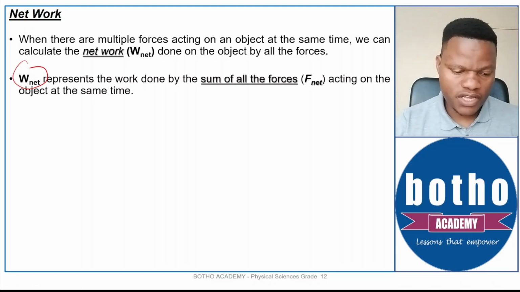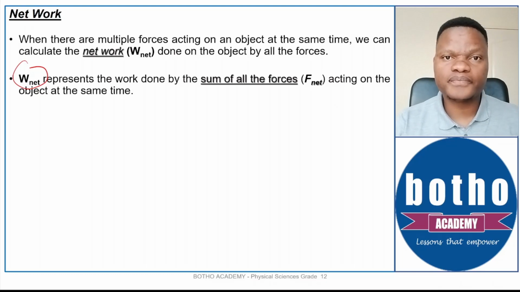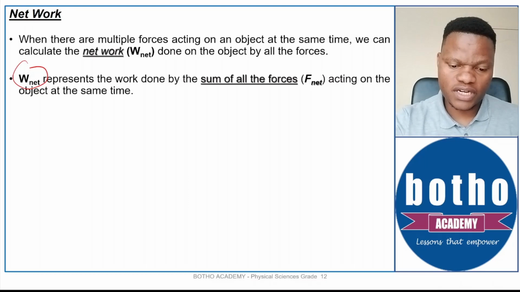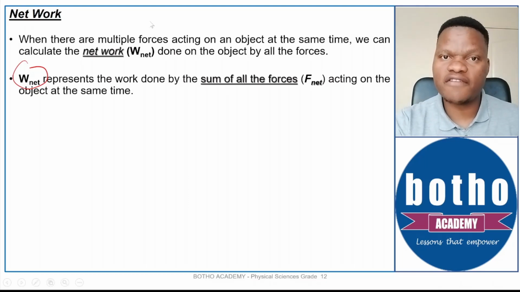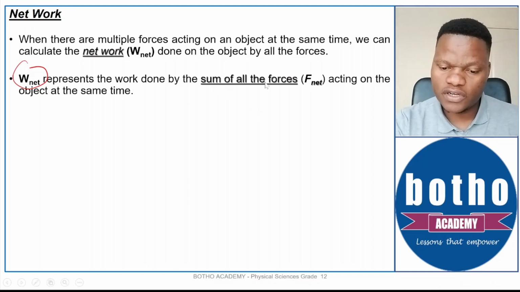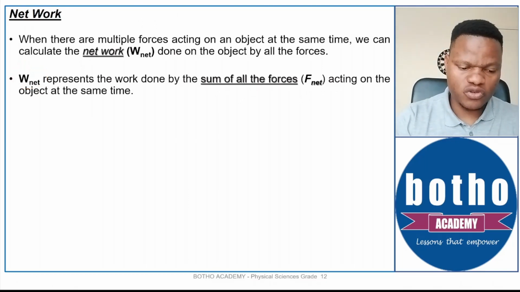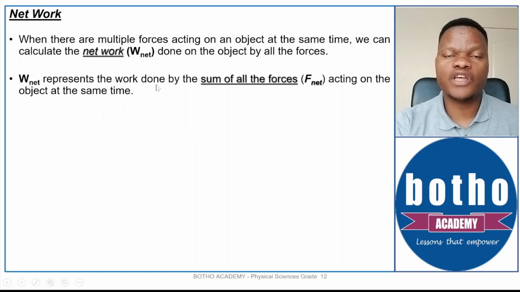So what is actually happening here is that the W net comes from the F net, which is the sum of all the forces acting on the object at the same time. Of course, most of the time objects are going to experience more than one force.